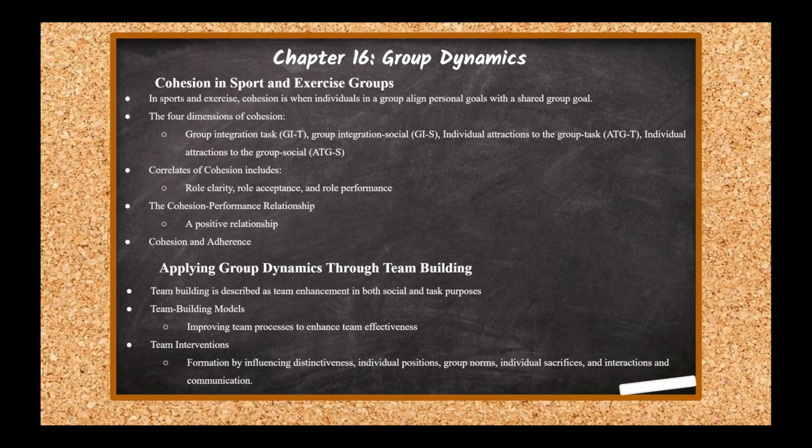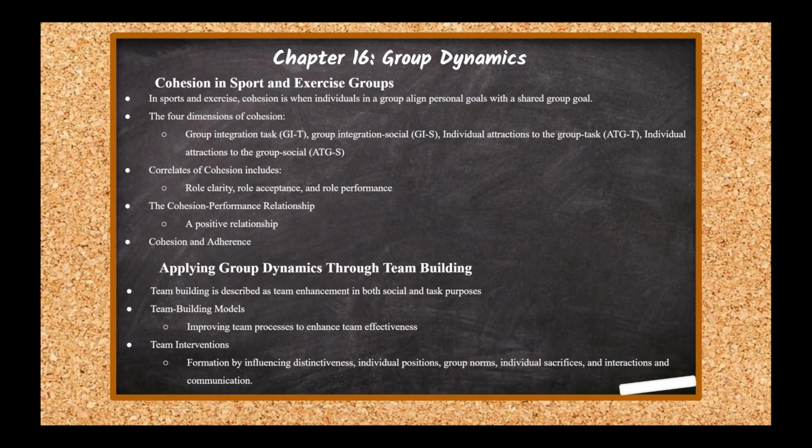In sports and exercise, cohesion is when individuals in a group align personal goals with a shared group goal. Four dimensions of cohesion include group integration task, or the measure of how united the group is around task objectives. Then group integration social, GIS, which is the same measure of a group but through social objectives.